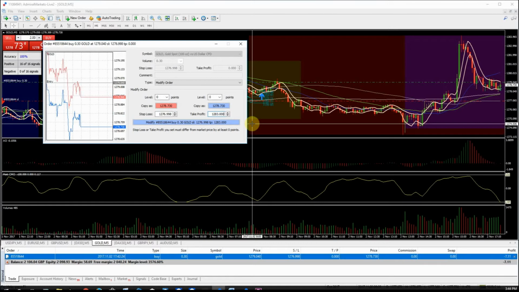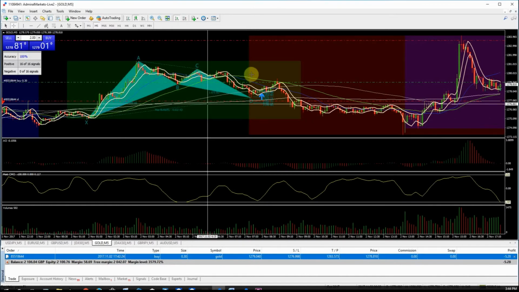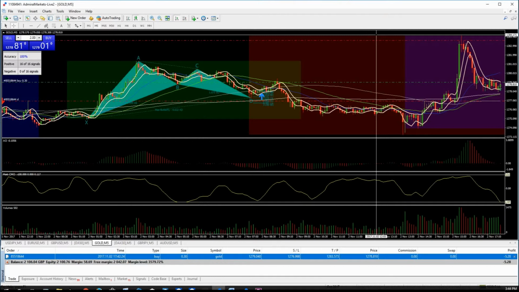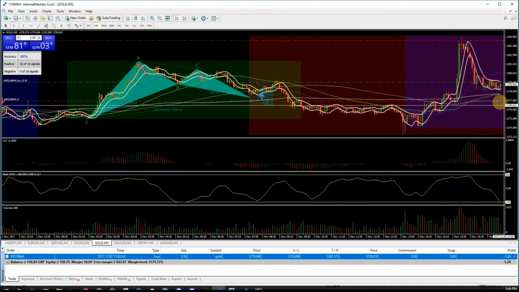How's that look? Okay, so that's the target in, that's the stop in.